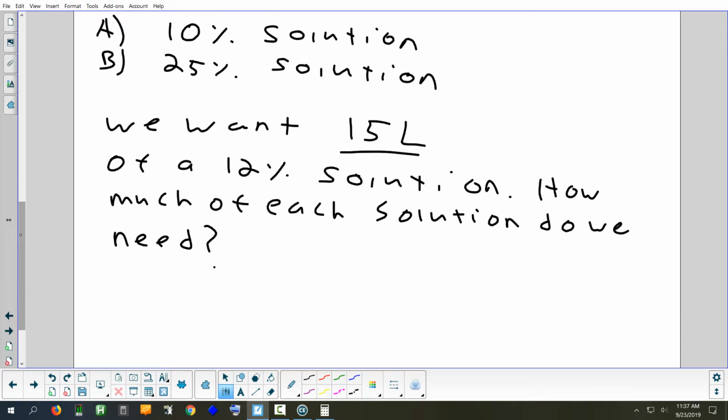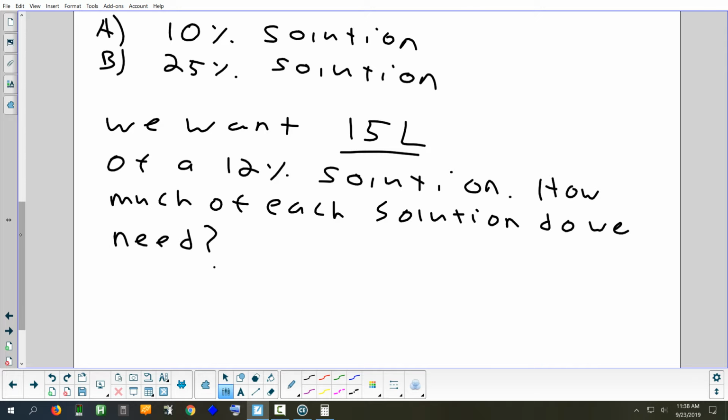So how would I set up that first equation using the variables A and B equals, and then I want my total on the other side. Yep.